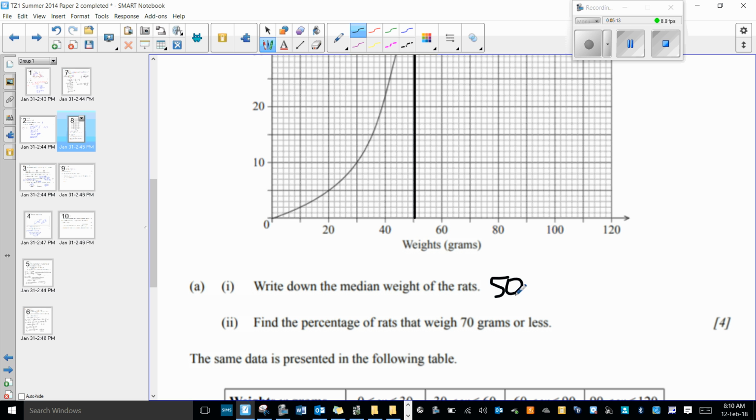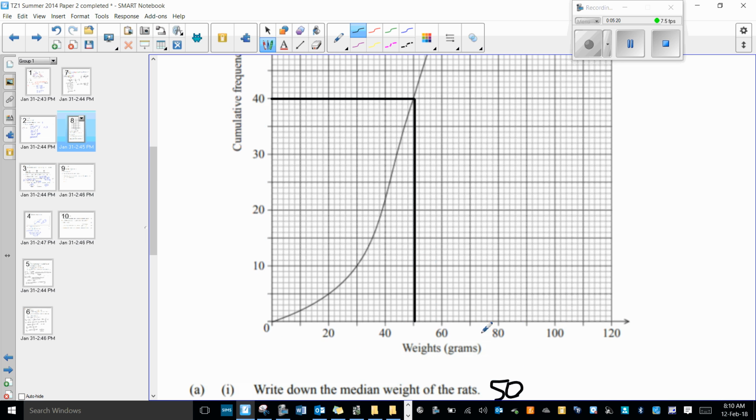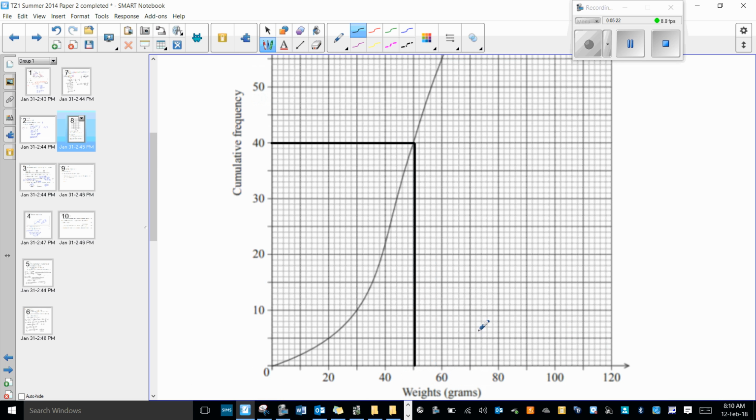Find the percentage of rats that weigh 70 grams or less. Okay, so we need to find 70 on this axis. Let's choose a different colour. So 70 grams. Oh gosh, that's way too big.